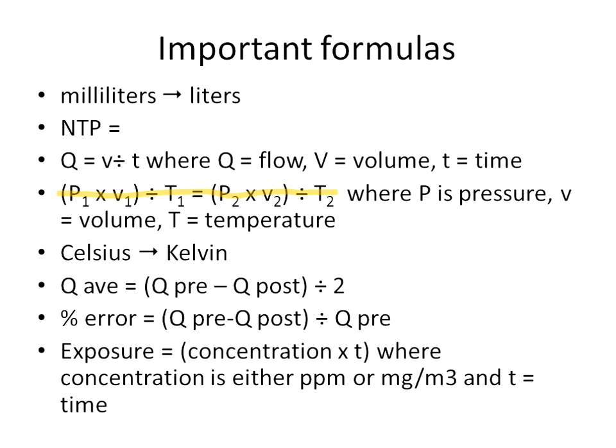Then we move down into the next set of equations, and Q average is just your average of pre and post. You can come up with your Q pre and your Q post. It's the average of whatever type of calibration meter you're running, and usually it'll be, of course, dry cal or the calibrator.